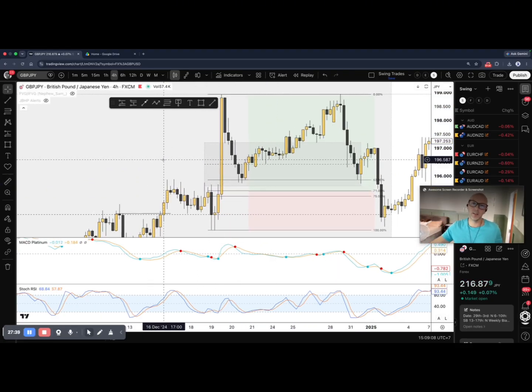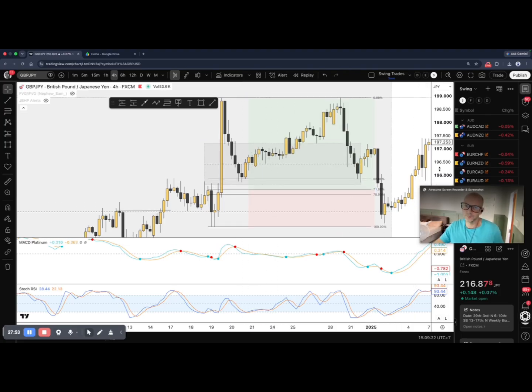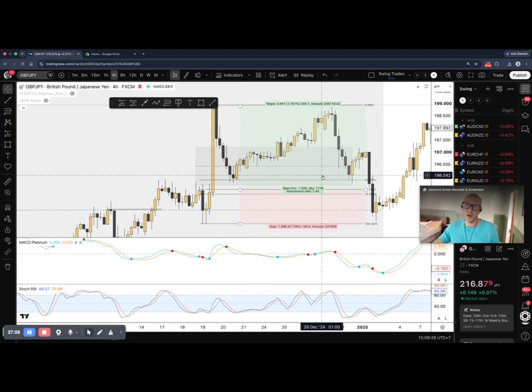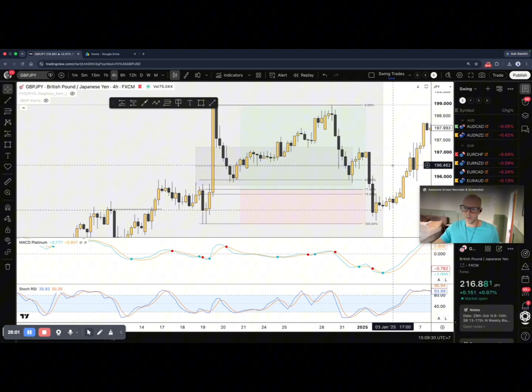But I suppose in hindsight, you've got to look at how large that candle was and how much of that inefficiency was eaten up. So almost all of that imbalance was taken. So it's not always going to work out perfectly, but it was still a valid setup. It just didn't come down to our preferred 71% level.